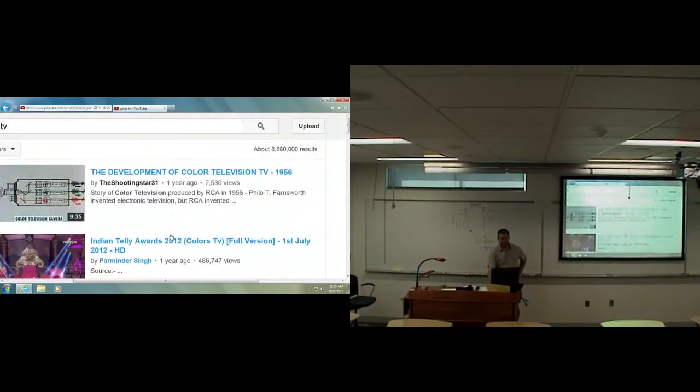The first example that we're going to go through actually starts on page 127 in your book, goes on to page 128, and it's a story about the color TV war. The interesting thing about color television is that it was being worked on, invented, you could say, way before it actually came out to the public.